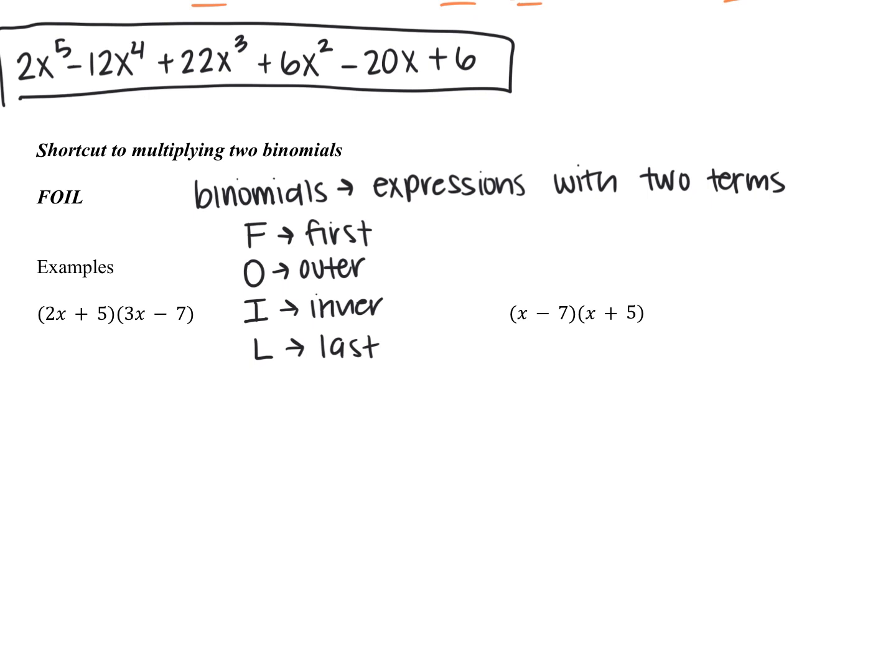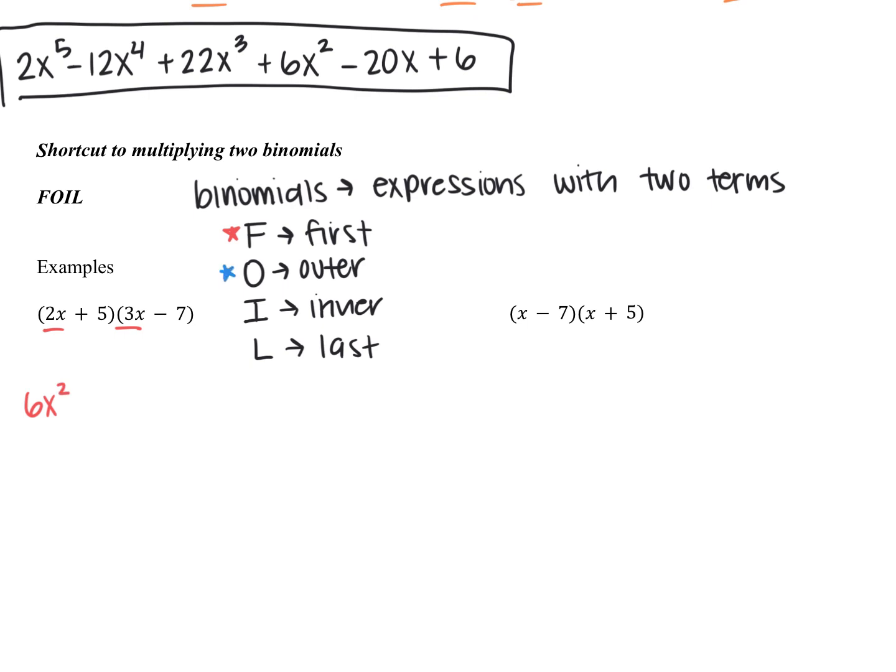So I have 2x plus 5 times 3x minus 7. So my first, I'm going to do that with red. My first is my first terms, which are 2x and 3x. So that's going to give me 6x squared. Right?